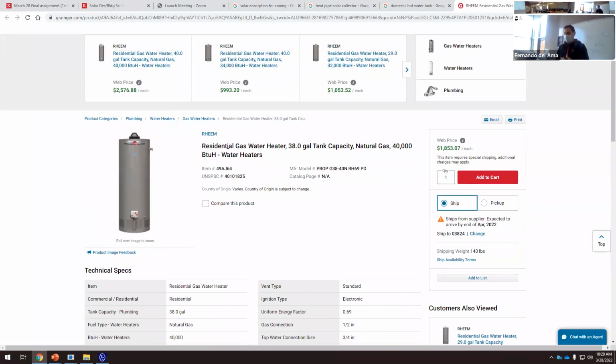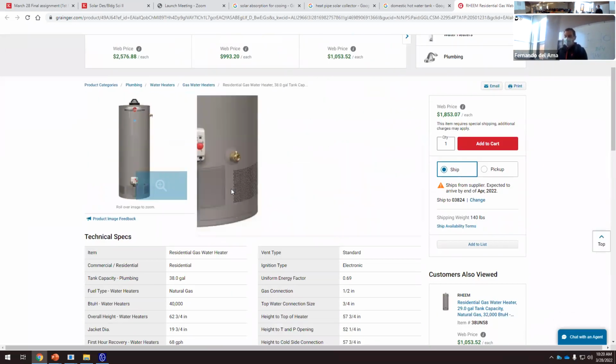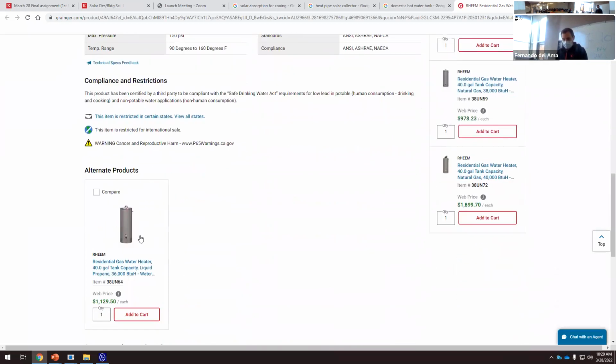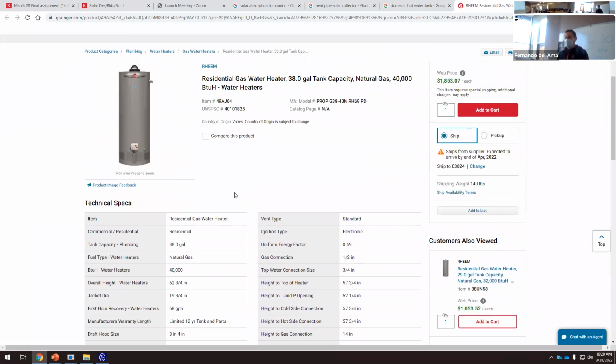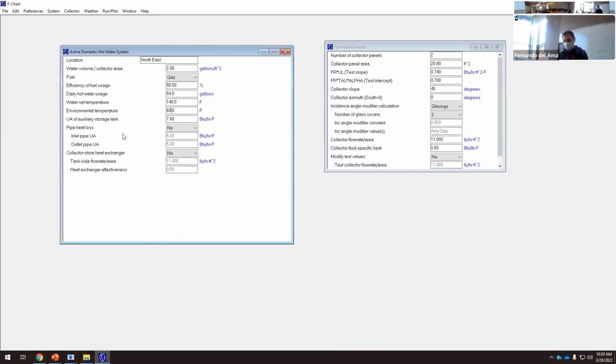Okay, so if we are buying a water heater or water tank, make sure that you get this information. It should be placed somewhere. If you don't find it, talk to the provider because we need information about this. Can we use this value by default? Yeah, we can.